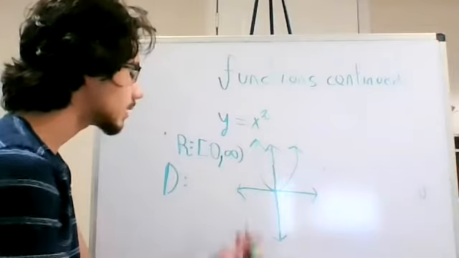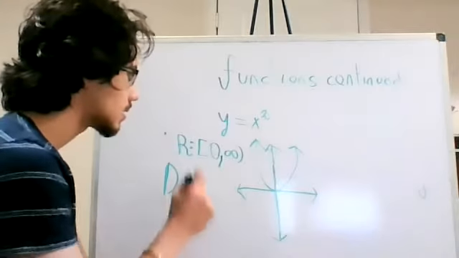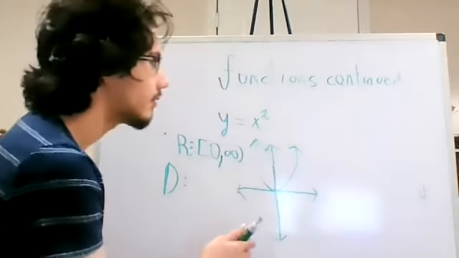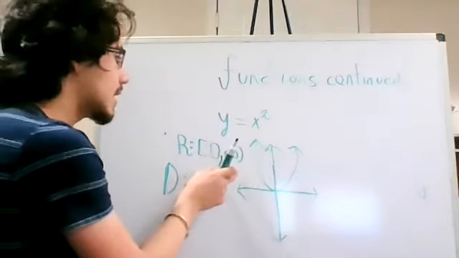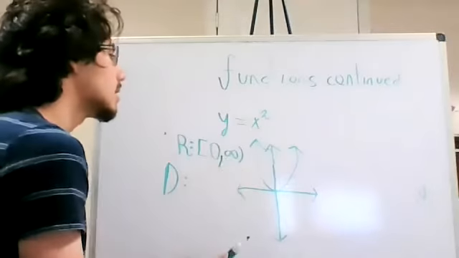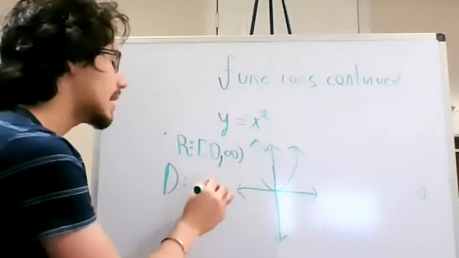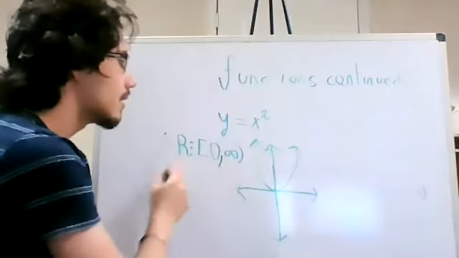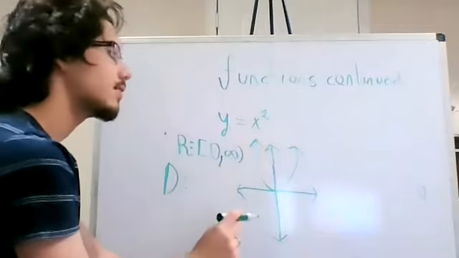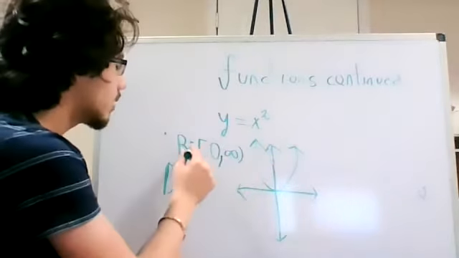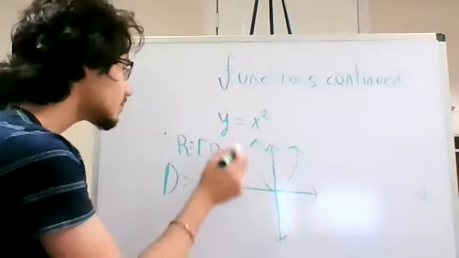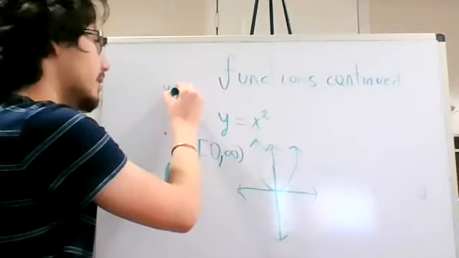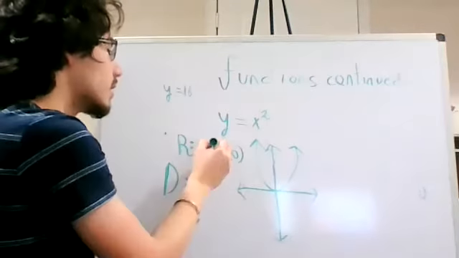So the range, as we said it, was that we know that the function can be any of these y values. So we can say that for any y value in between 0 and up to infinity, there will be an x value which you can put into the function and you'll get the y value. So the range says that, let's say, at y equals 16, there will be an x value to go with it.